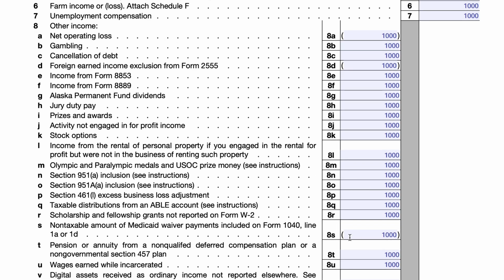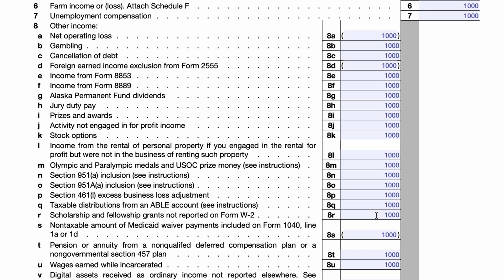Scholarships and fellowship grants not otherwise reported on your W-2. There may be situations in which that's taxable income. So we won't go into a whole heck of a lot of detail here, but let's imagine that if you were a degree candidate, you would only include the amounts that you used for expenses outside of tuition and course-related expenses.